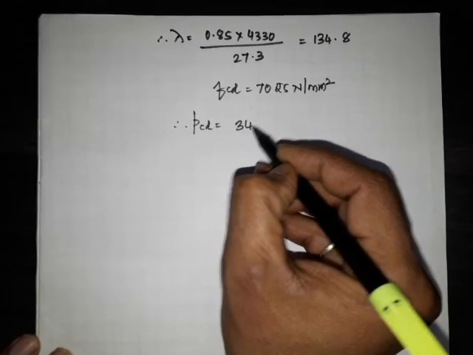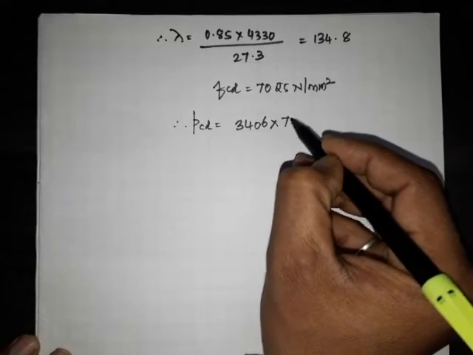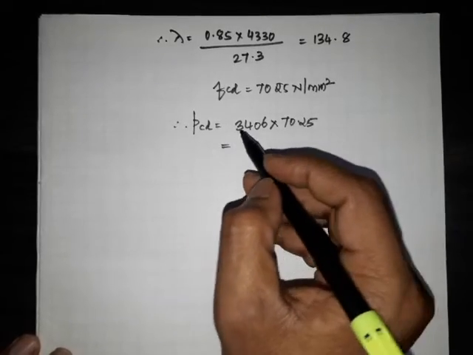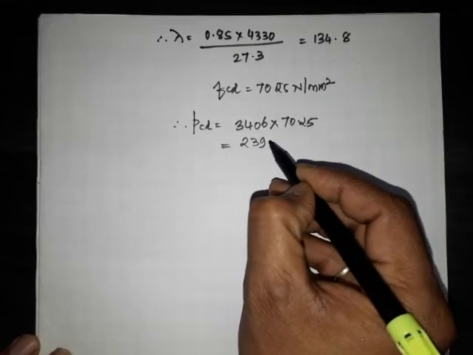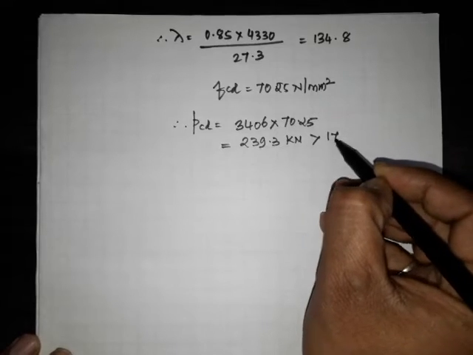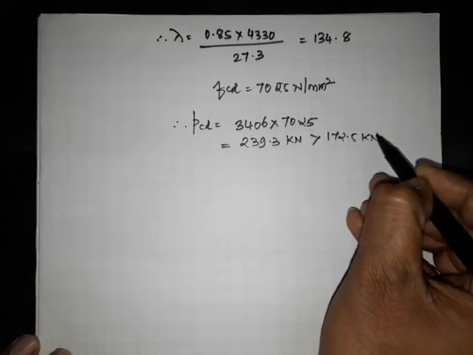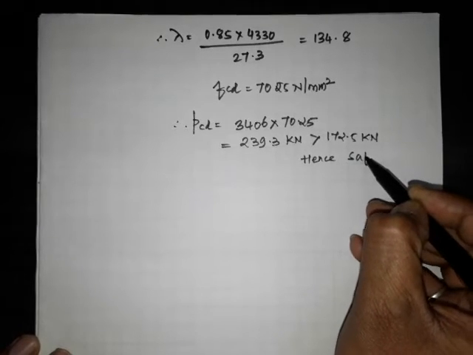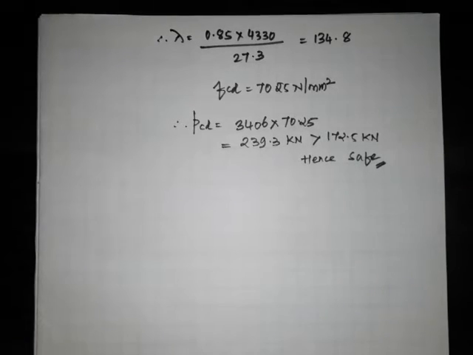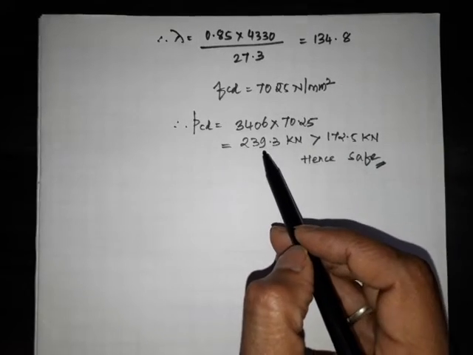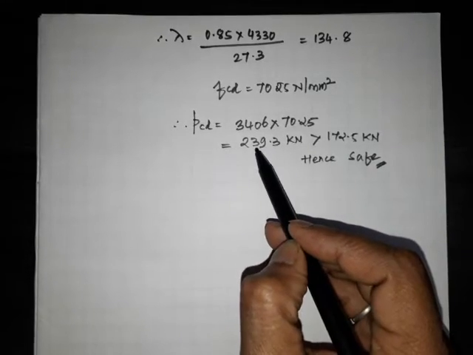Area is 3406, FCD is 70.25, so we get PCD as 239.3 kilonewton, which is more than 172.5 kilonewton, hence safe. So the section you have selected is safe. Understood?